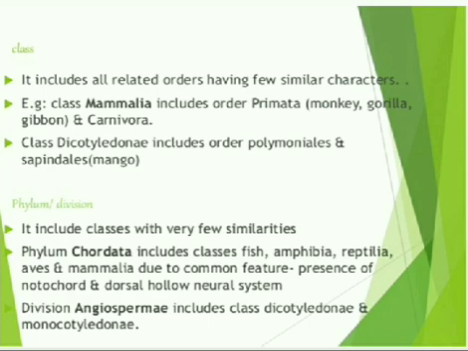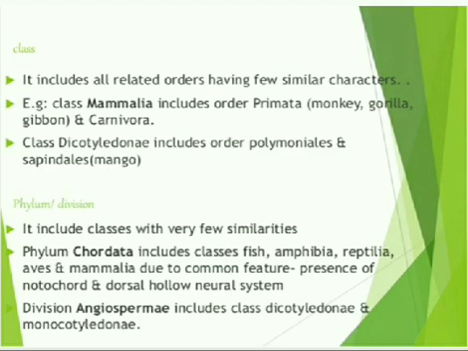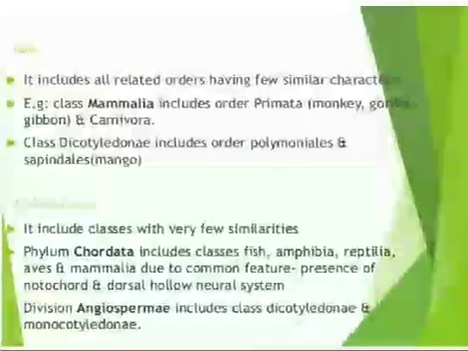Similarly in division, angiosperms include the classes dicotyledonous and monocotyledonous. Di means two, cotyledons means layer. If the seed divides into two equal parts, they are considered dicotyledons, while those in which the seed is not divided into two equal parts are monocotyledons.